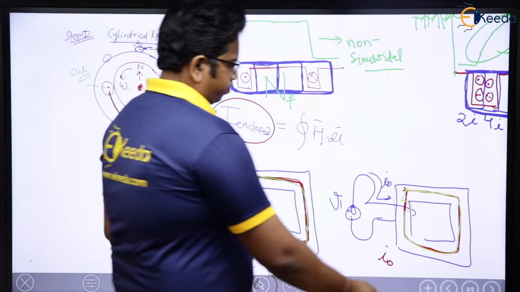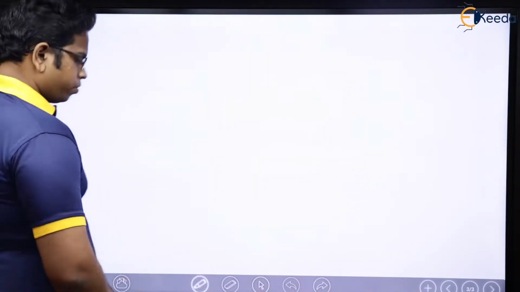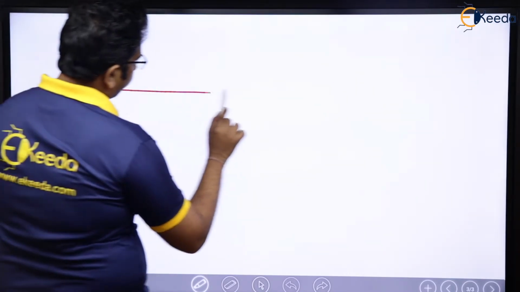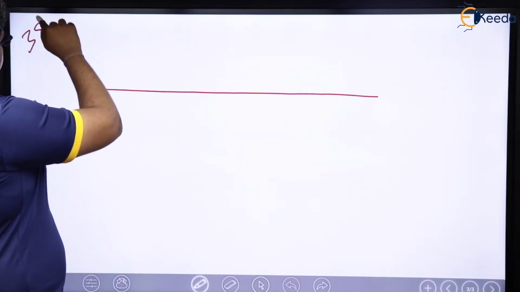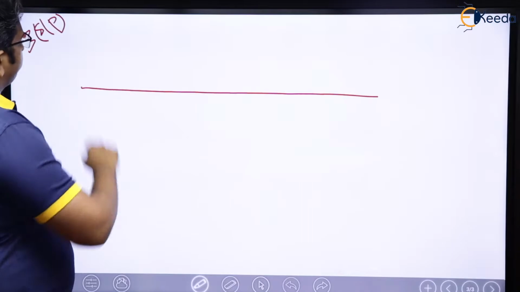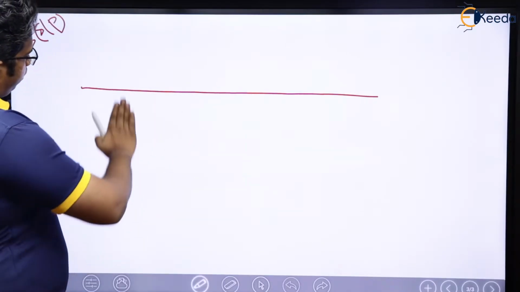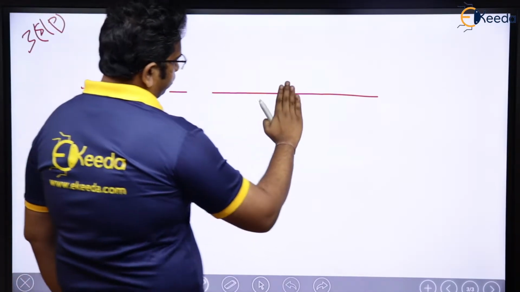See here. The moment I have 3 slots per pole, which means this is the rotor, right? Let me write 3 slots per pole. Now, this is going to be the rotor. In this, I will have 3 slots. 3 slots per pole.